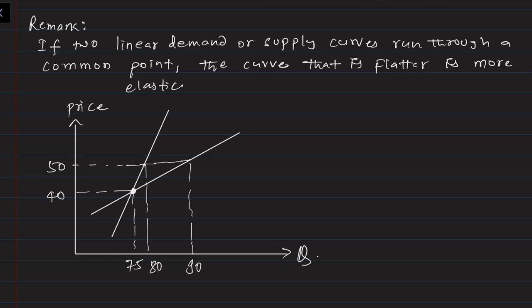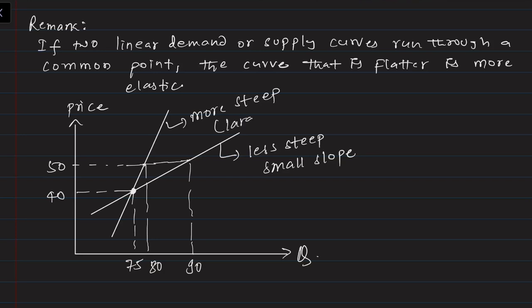So you can see that this curve is less steep, or has a small slope, whereas this curve is more steep, or has a large slope. So the flatter the curve, the higher the elasticity.